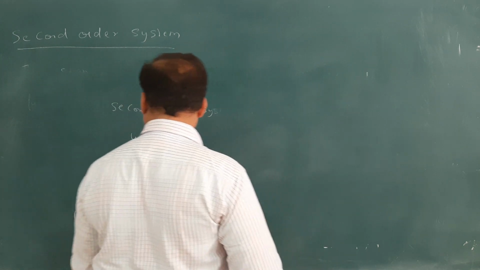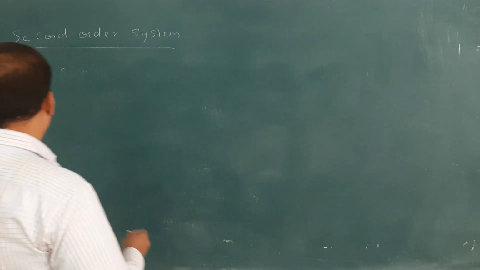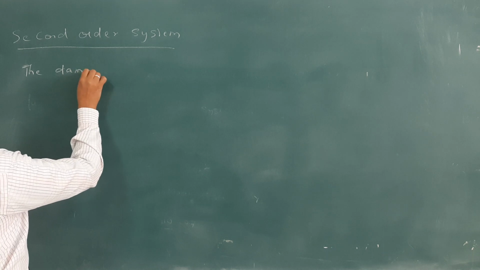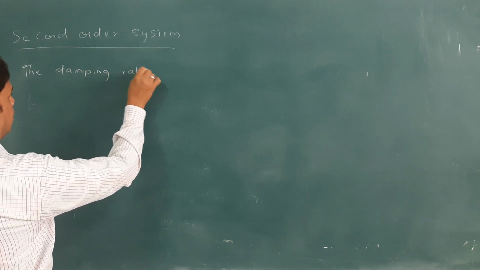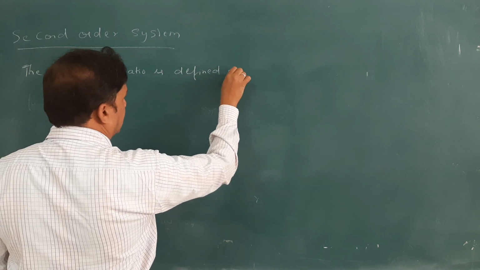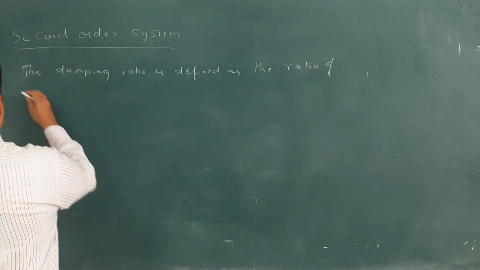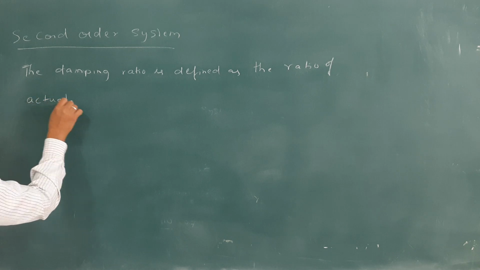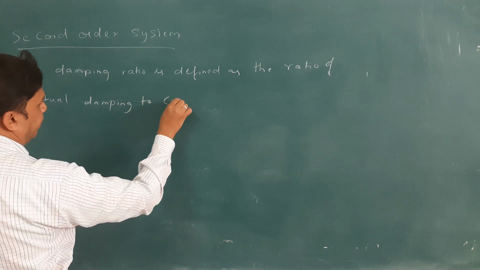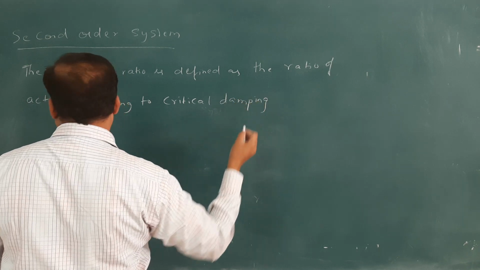Damping ratio is nothing but the ratio of actual damping by critical damping.